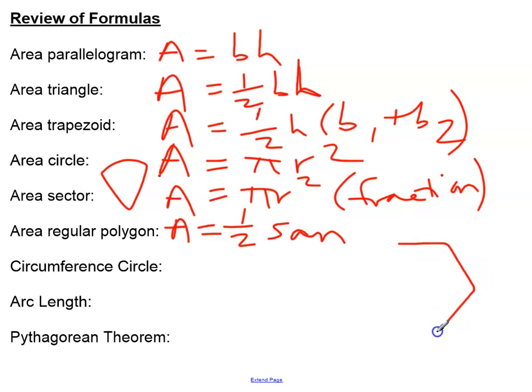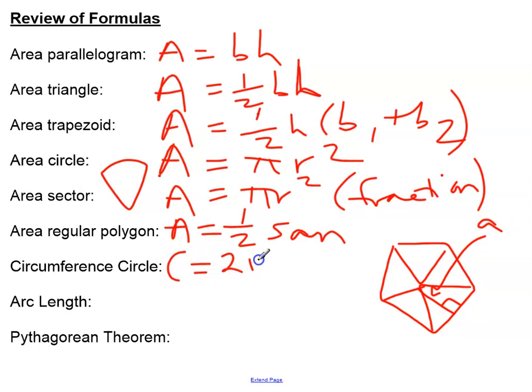So what the heck was the apothem? Remember, any regular polygon can be split up into congruent triangles. The apothem is the height of those triangles. Circumference of a circle, C equals pi d or 2 pi r.